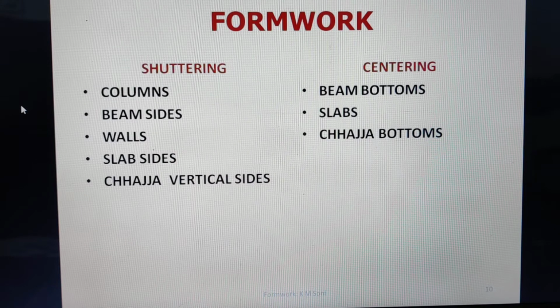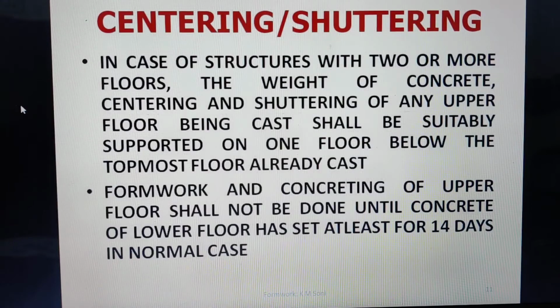Now, if we take these two, shuttering will be basically for columns, beam sides, walls, slab sides, chhajja vertical sides, vertical arrangement, and centering will be for horizontal portions, that is beam bottoms, slabs and chhajja bottoms.